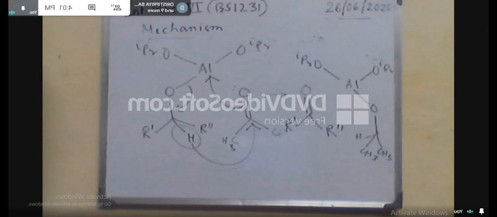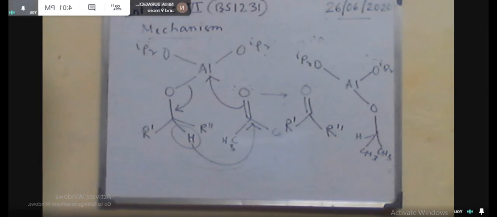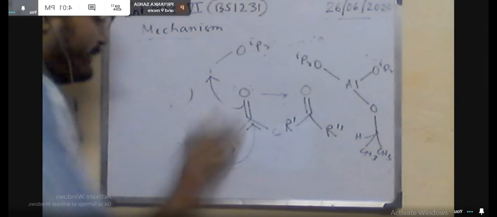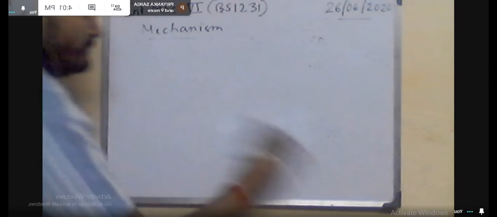That means double bond O, R prime, R double prime, aluminium isopropoxide. Now instead of using the acetone, you will use the isopropanol and get the reduced product.